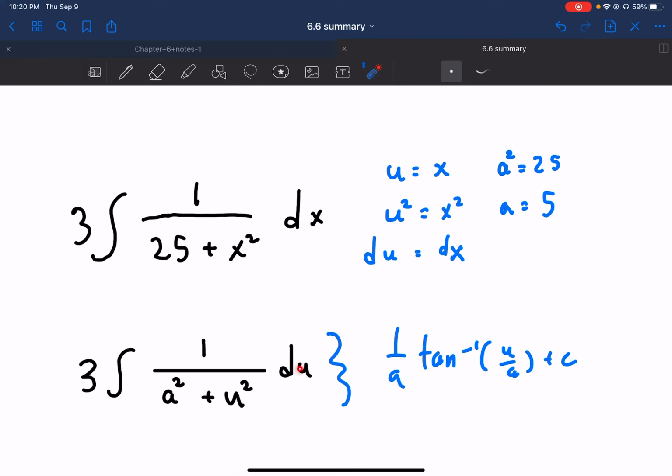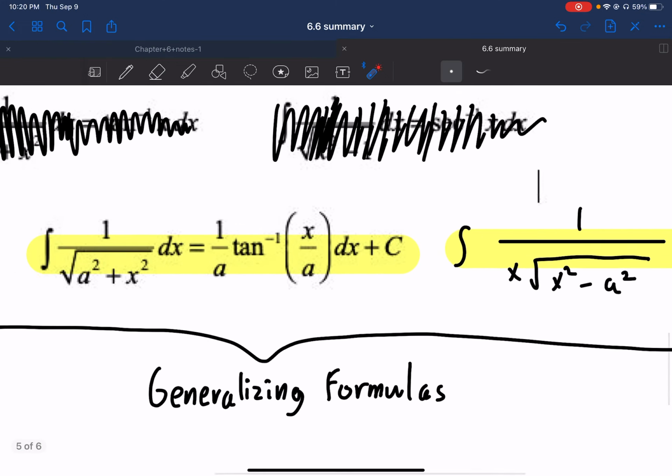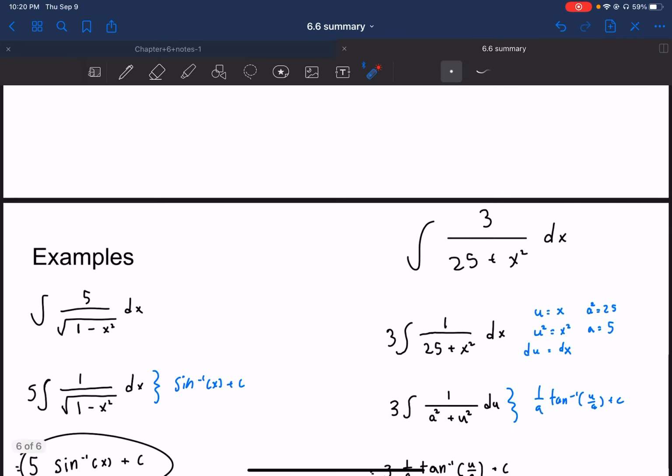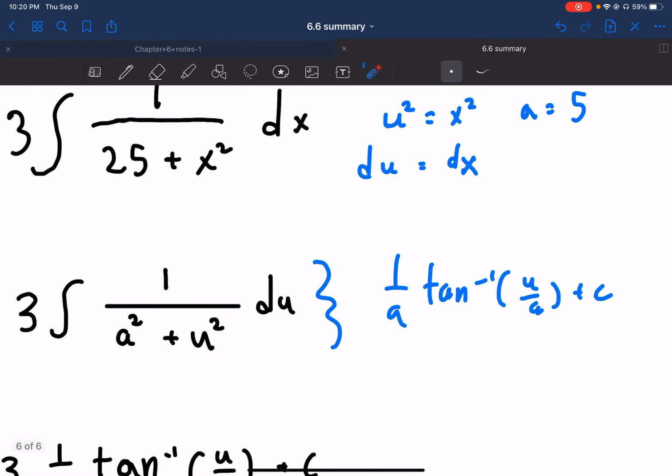Now we have 1 over a squared plus u squared, which is right here. Oh, I just realized that this square root should not be here. That's the screenshot problem, so just ignore this square root right here. So we see that the integral of 1 over a squared plus x squared is equal to 1 over a tangent inverse of x over a, plus c, which is exactly what we have right here.